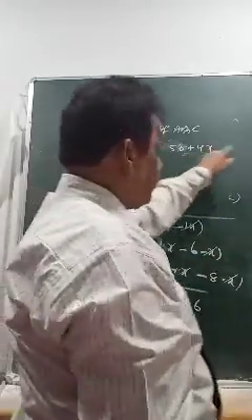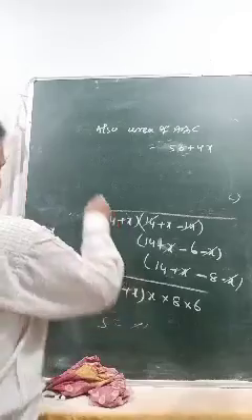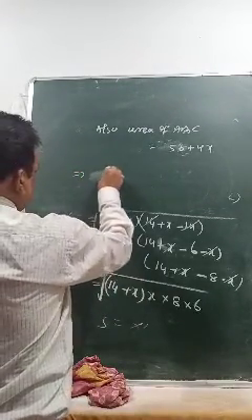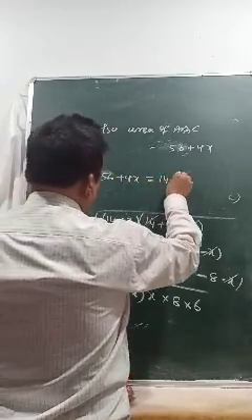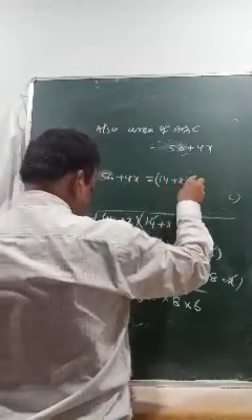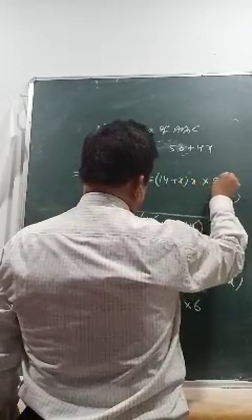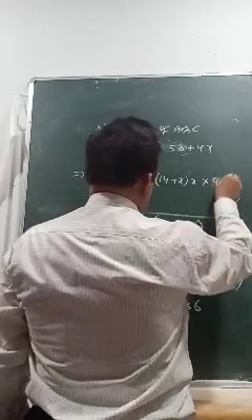Three triangles you have added, you got this one, then this one equals this one, so 56 plus 4x is root of 14 plus x into 48x.